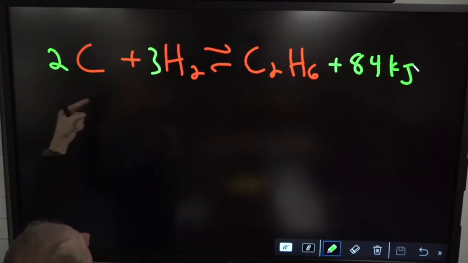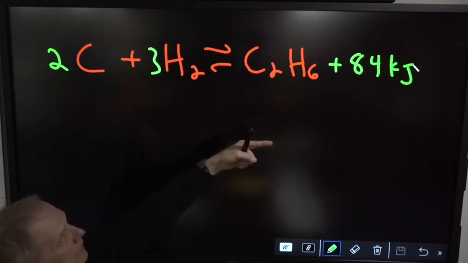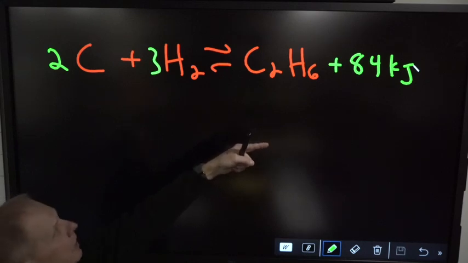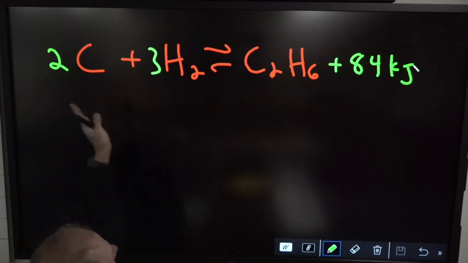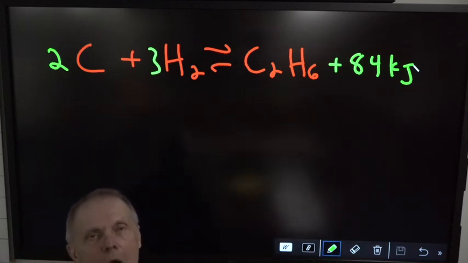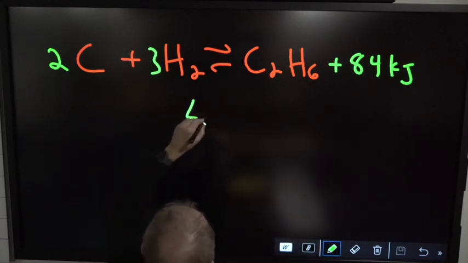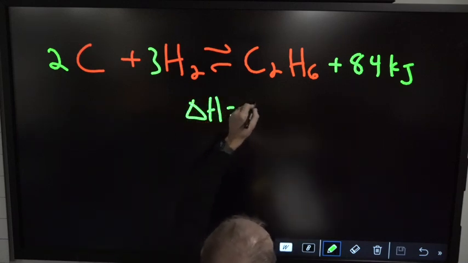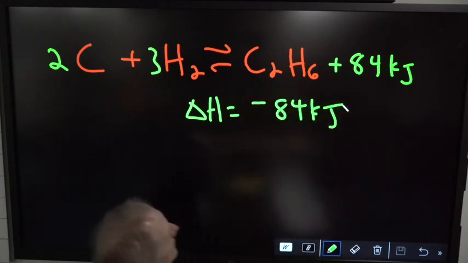And this right here is synthesis, synthesis of ethane, C2H6. Now, if I just gave you that equation and said what was delta H, you'd go, oh, well, the energy's on the right-hand side with the product, so delta H would be a negative 84 kilojoules.